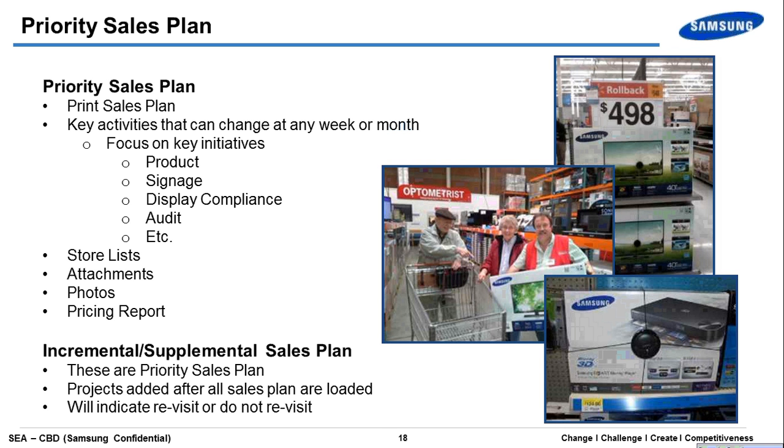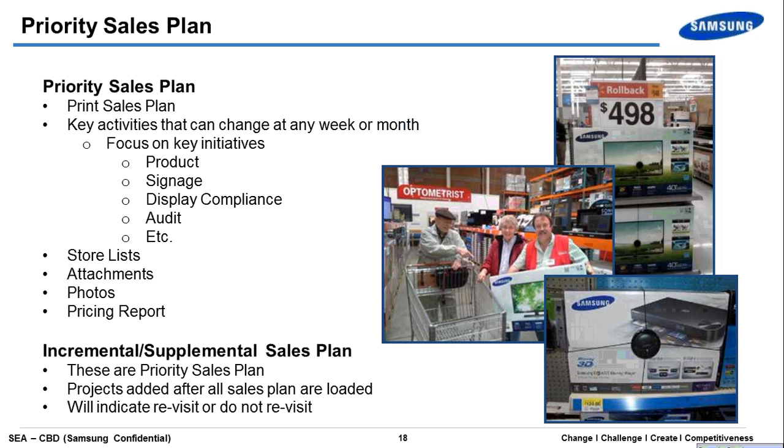Key activities that you're going to be performing on the priority sales plan change even from week to week and definitely from month to month. But activities such as getting product on the sales floor. Maybe a new Blu-ray player has come out, and we need to make sure that that's displayed on the sales floor.